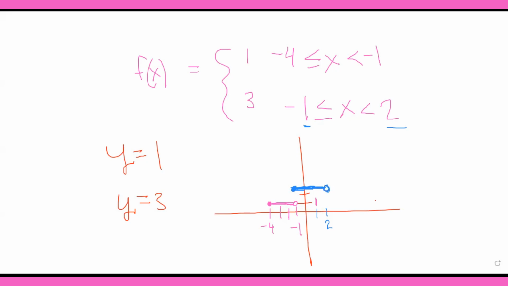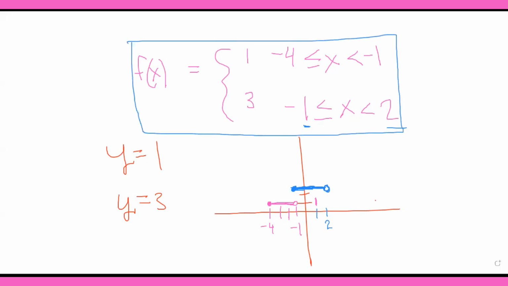Anytime you're asked for something in between, say someone asks you to evaluate this whole function when x is 0, your teacher might ask something like f of 0, and you would need to fill in the blank.